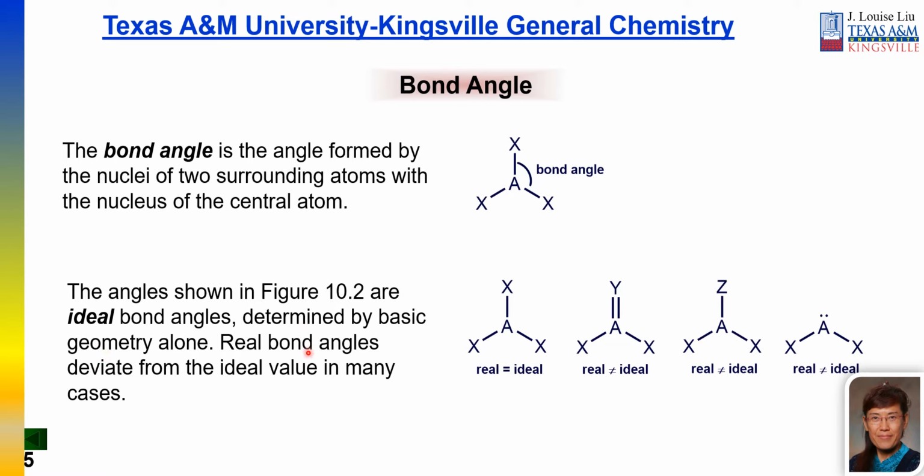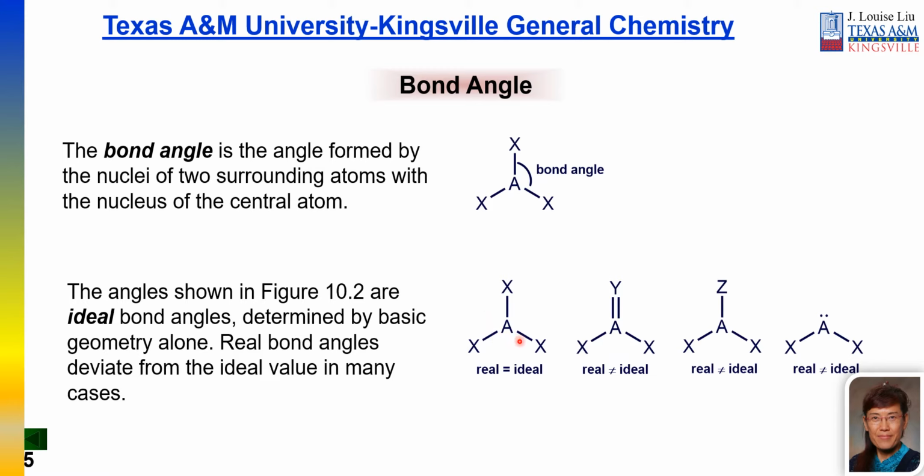The real bond angles can deviate from the ideal angles. For example, if you have AX3 and these 3 surrounding atoms are identical, in this case the ideal bond angle and the real angle are going to be the same, 120 degrees.